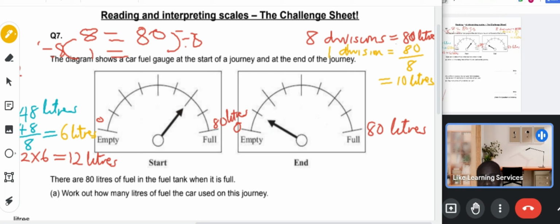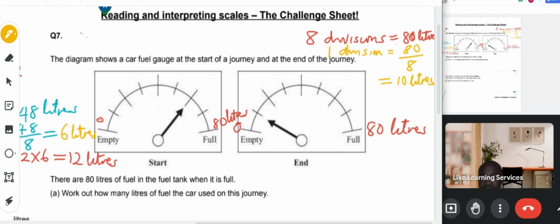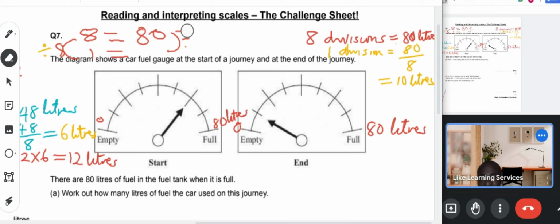I like the way you did it. Divide by 8. You don't have to clean; please undo so that it will still stay. It's another way you can do that. 80 divided by 8 will give you 10, so each division is 10.